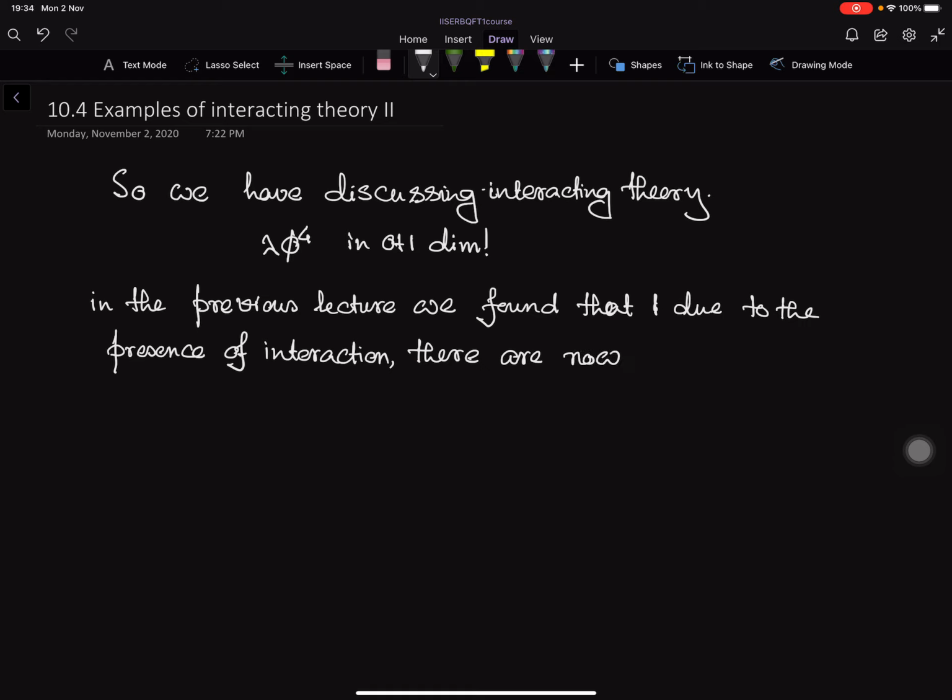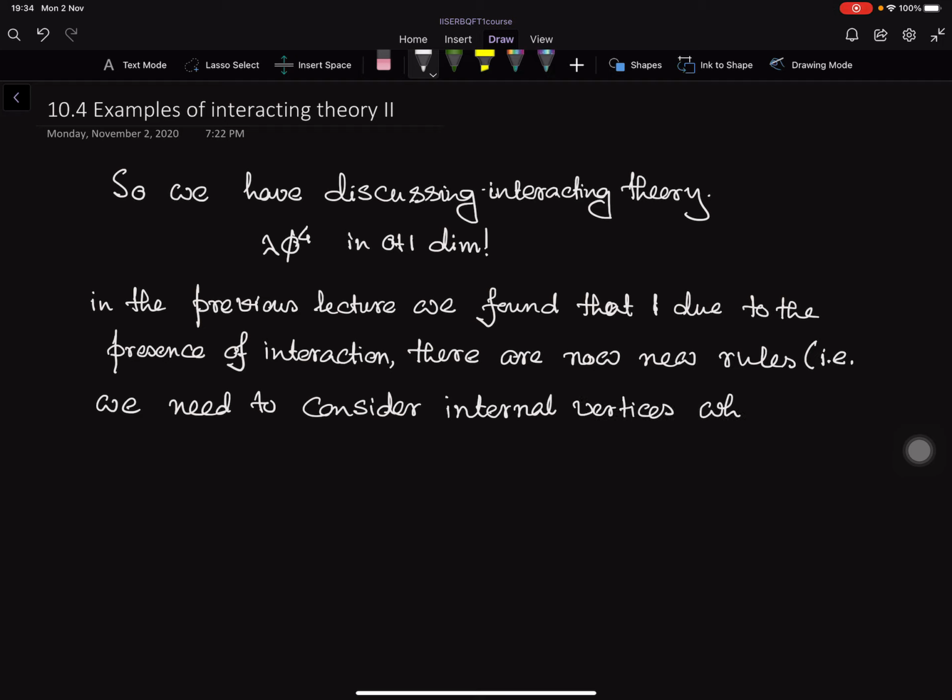There are now new rules, i.e., we need to consider internal vertices, which are of the following form.